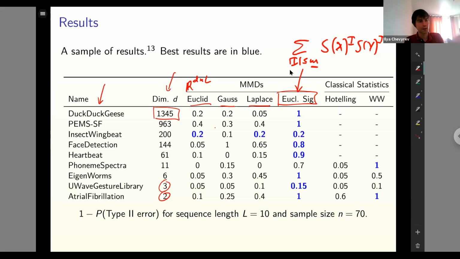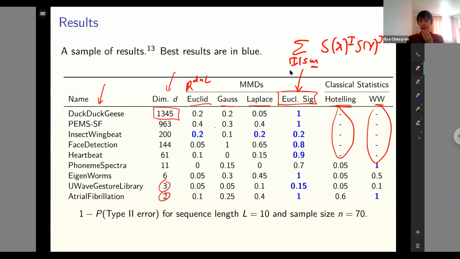And then in this final column, there were the Hotelling and Wolfowitz tests, which performed quite well whenever they were applicable. But here I didn't even present their results, because we couldn't get a computer strong enough to run these tests on such high dimensions.